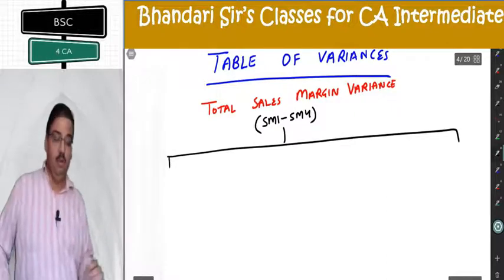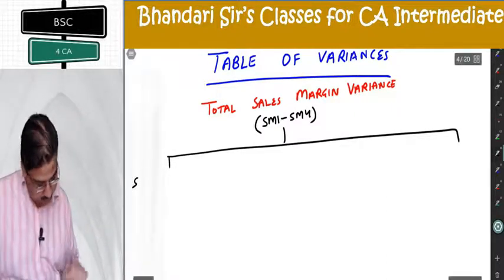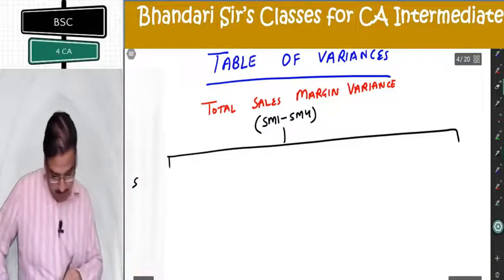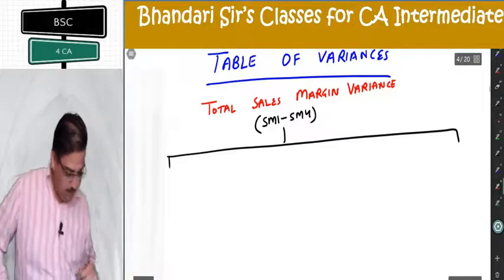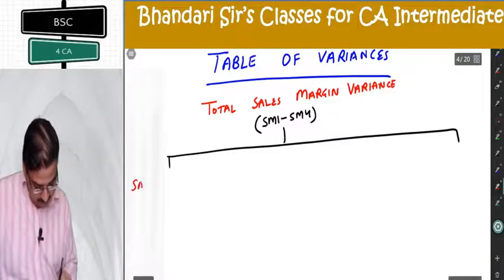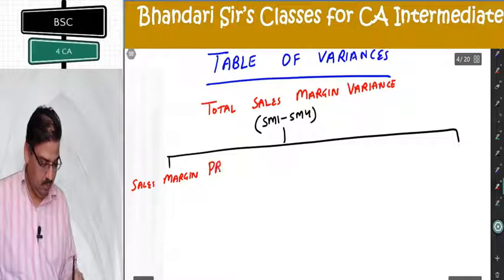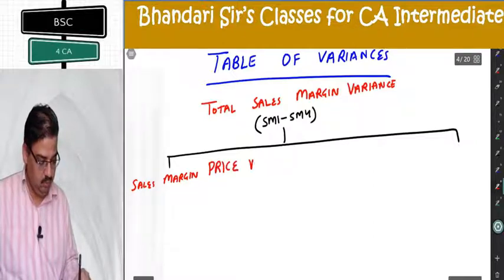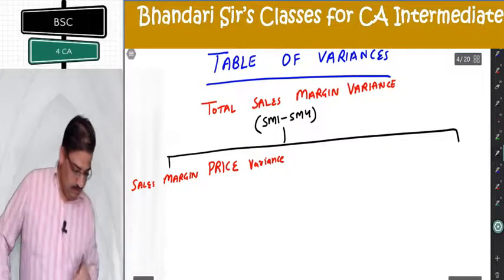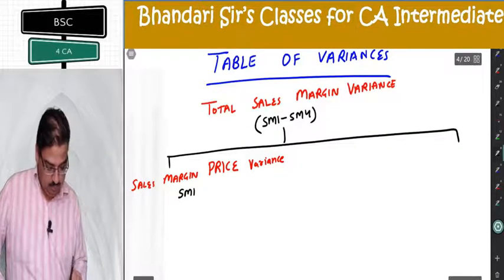Under this, there are two. You're first having sales margin price variance. This is SM1 minus SM2.